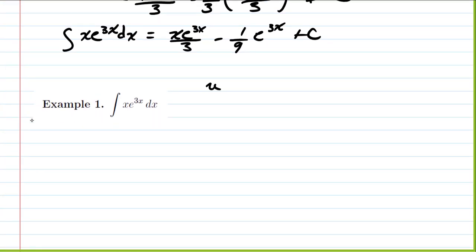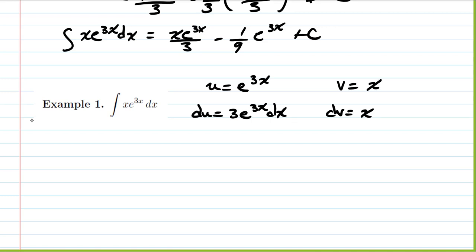What if I pick u to be e to the 3x, and I pick dv to be x? Well, I can still integrate and differentiate both of these, right? So then du would be 3e to the 3x dx, and the antiderivative of x is x squared over 2.